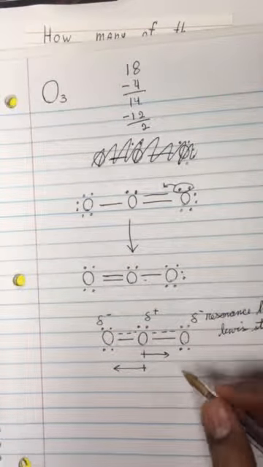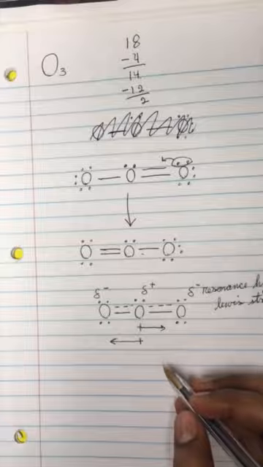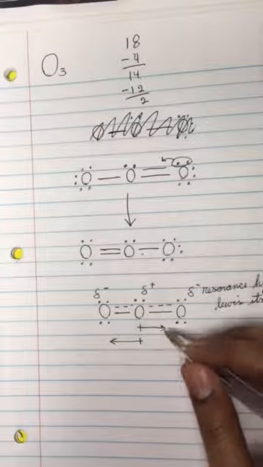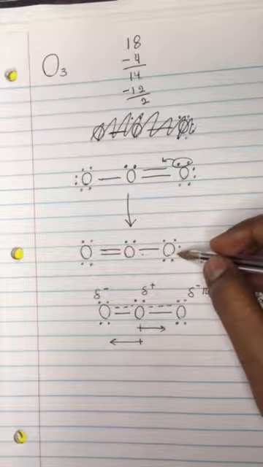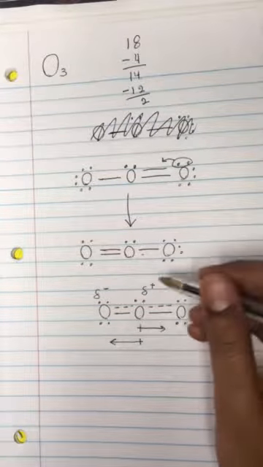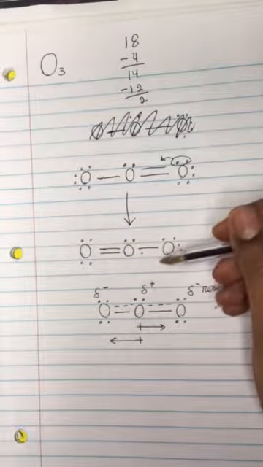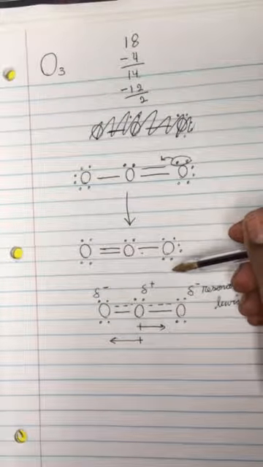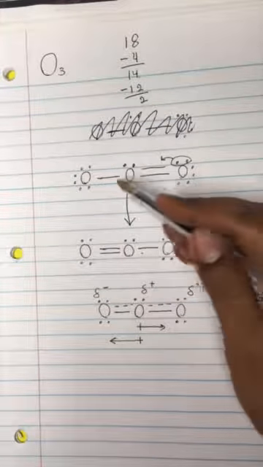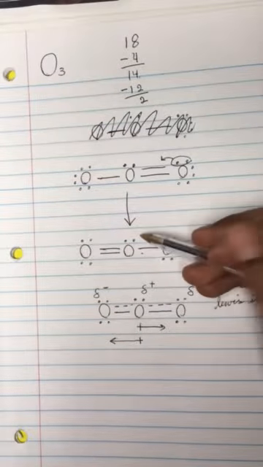So the molecular geometry for O3 is bent because the domain electron geometry for this molecule is bent also, because there is one pair of unpaired electrons on the central oxygen atom.